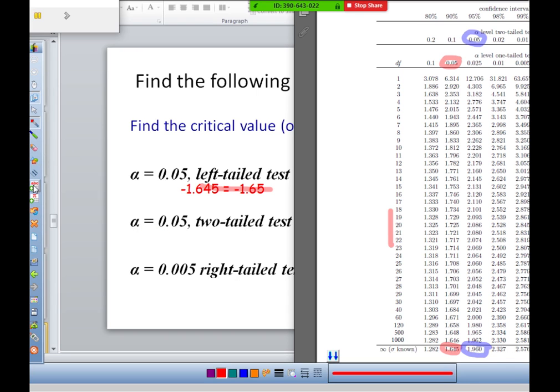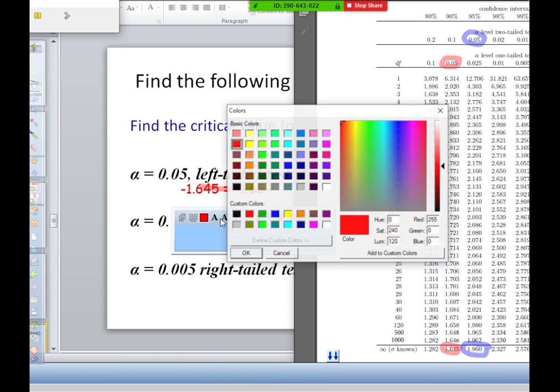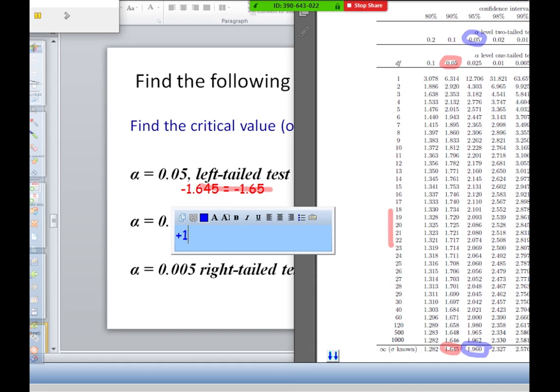So here it's two-tailed, so it's positive and negative 1.96.